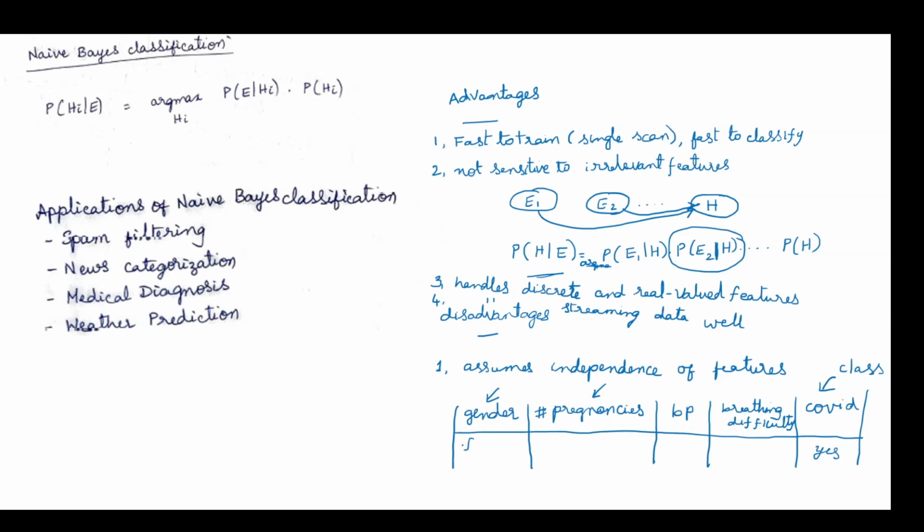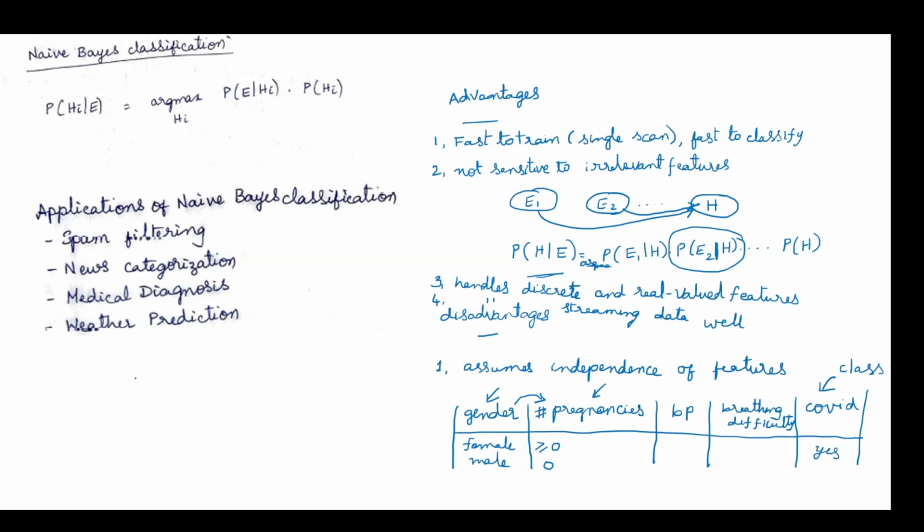For gender equal to female, the number of pregnancies can be 0 or more. For gender equal to male, the number of pregnancies is always 0. So in that case, there is dependence of features between gender and pregnancy. So in that case, naive Bayesian classification might fail.